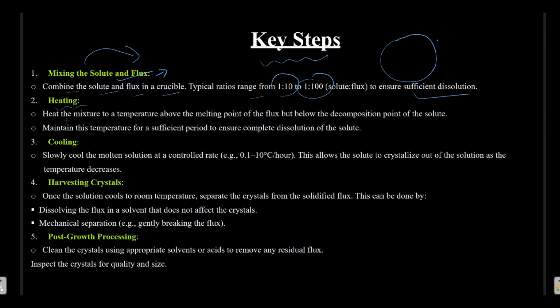Similarly, the second step is heating. Heat the mixture to a temperature above the melting point of the flux, that means the flux should melt, but below the decomposition point of the solute. The solute should not decompose at any further temperature. So the flux should be melted, but it should not be heated to a very high temperature where the solute actually gets decomposed.